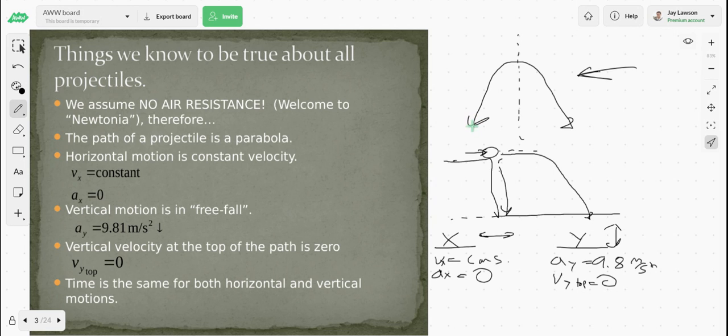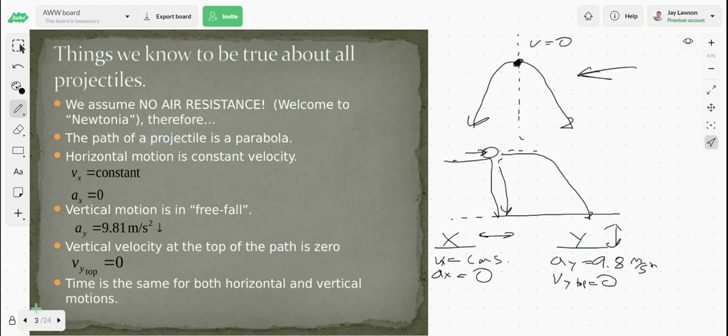At the very top of this path, the highest it's going to get, kind of the halfway point, velocity is going to be equal to 0. So for a moment, it basically comes to a stop right when it changes directions. Okay, velocity is 0.